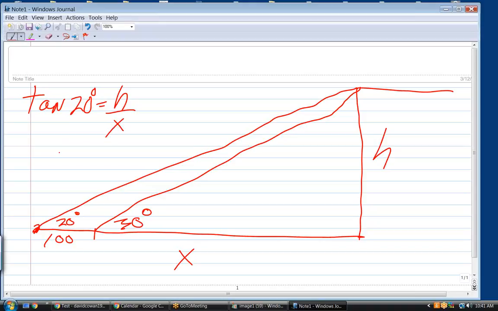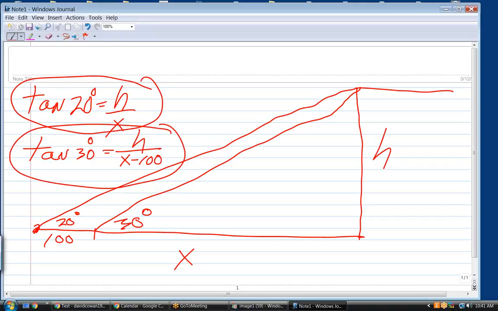What is the second equation? The tangent of 30 equals h over x minus 100. Two variables, two equations. You can solve for both x and h.